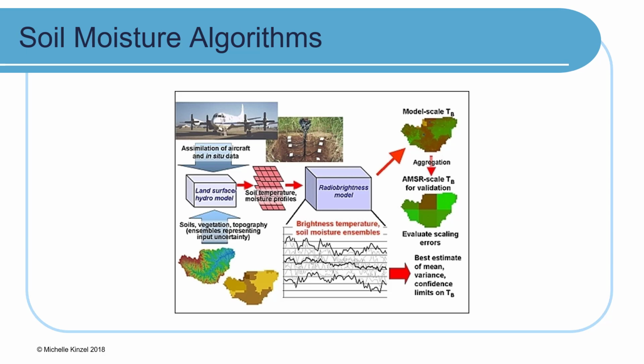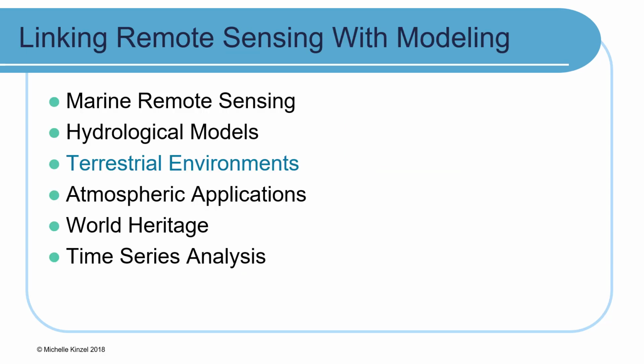Then we get a radio brightness model, and we have brightness temperatures, and then finally on the right we've got some model outputs that are statistically rigorous, and they can be used to look at soil conditions.